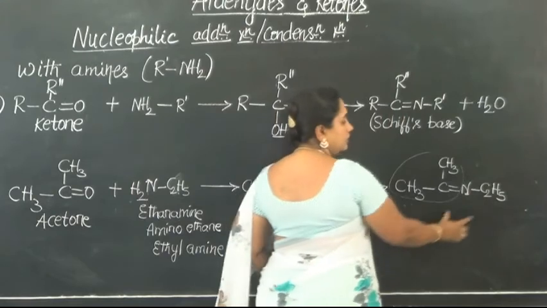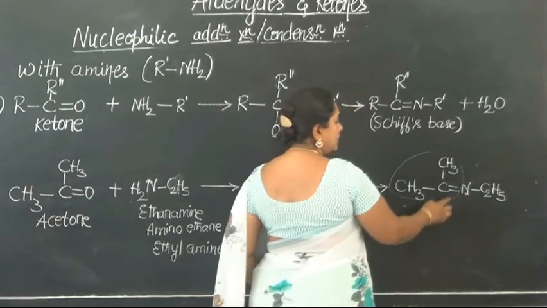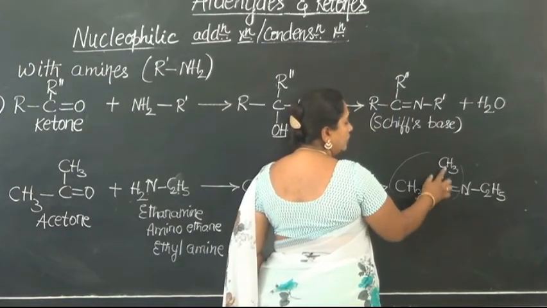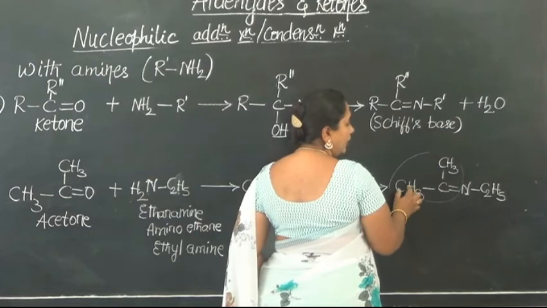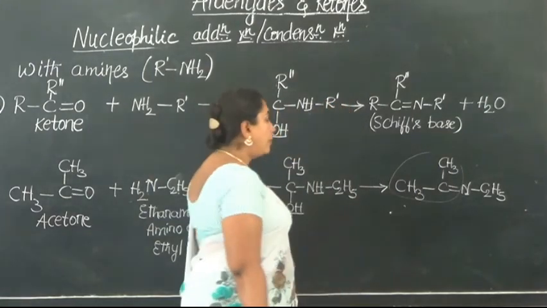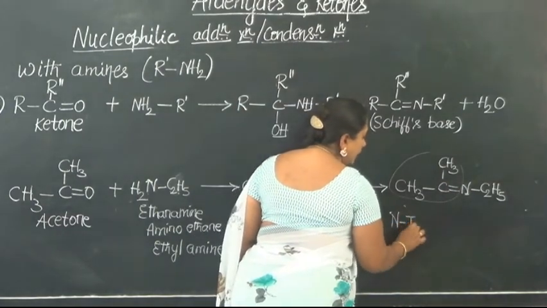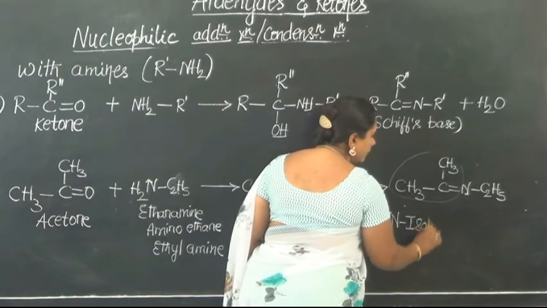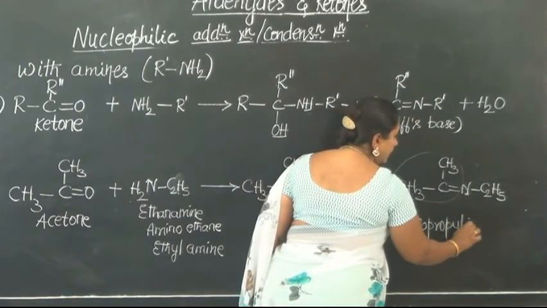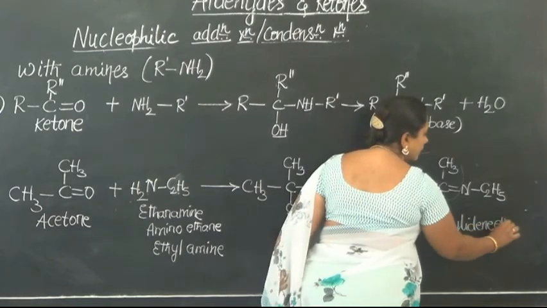As you can guess, this is ethanamine. It's going to remain as it is. Now what is there? This is a propyl group, double bond, so propylidene. What kind of propylidene is it? Because it is branched, it is isopropylidene. So the name of this compound is N-isopropylidene ethanamine.